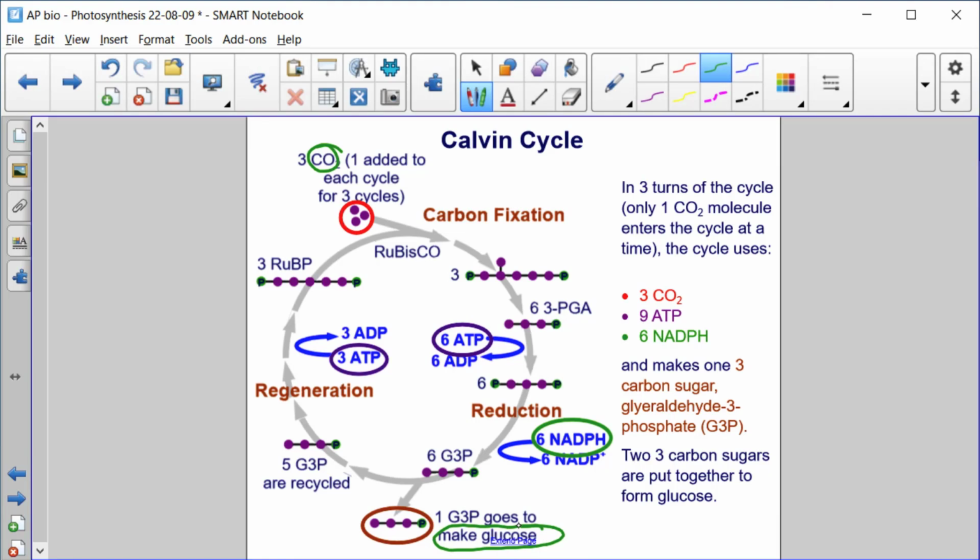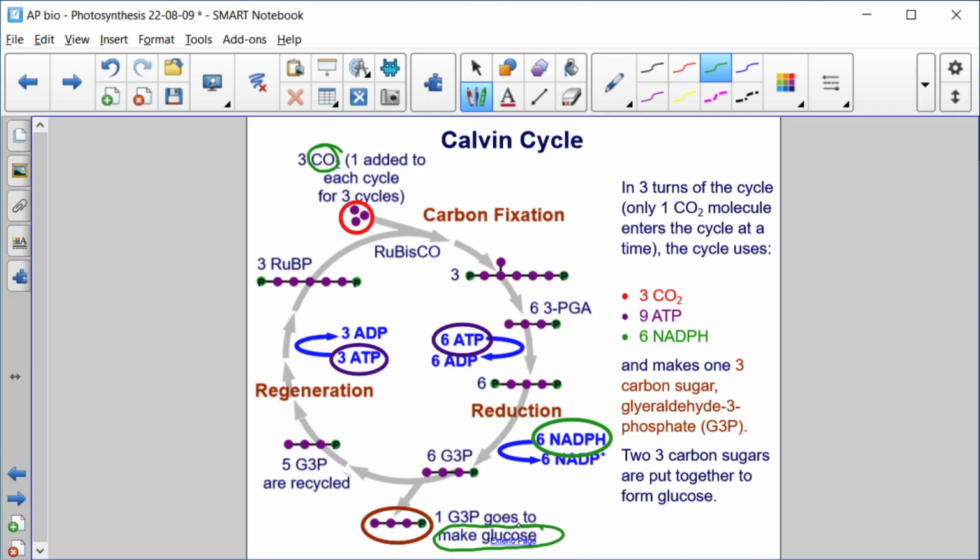The Calvin cycle reactions, remember, occur within the stroma of the chloroplast, outside of the thylakoids. The reaction is using the ATP and the NADPH produced by the light reactions to convert the carbon dioxide into carbohydrate or glucose.